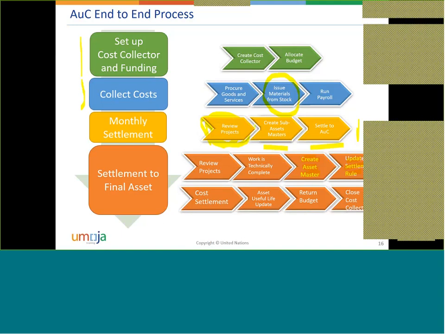Now, at the end of every month, our AuC, our asset under construction, is getting value because we are building something, we are constructing something. So at the end of every month, we want to capitalize some expenses.